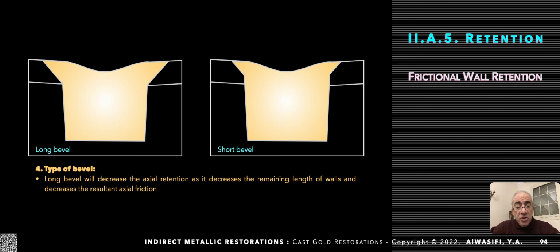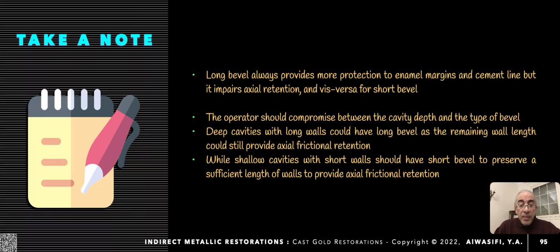In contrast to that, a short bevel will leave you with sufficient length of the wall, but at the same time with questionable protection of your enamel margin. That's why an intelligent or smart operator should compromise between the cavity depth and the type of bevel.